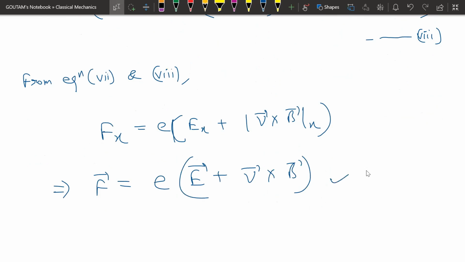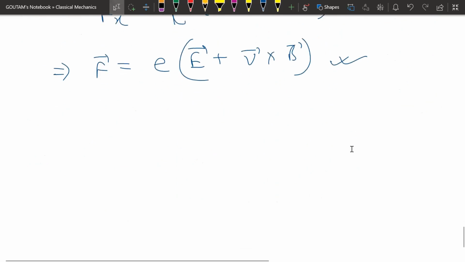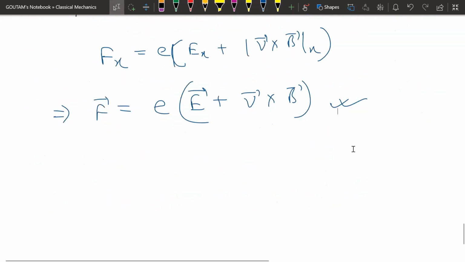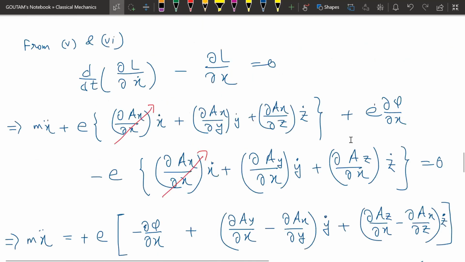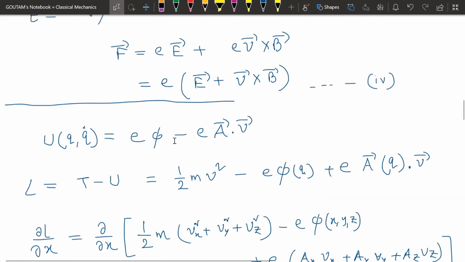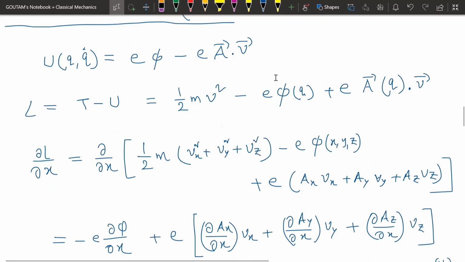So we can derive this force equation from Lagrange's equation of motion, where the potential is velocity dependent and it is defined like... So U is defined like this, minus e phi.